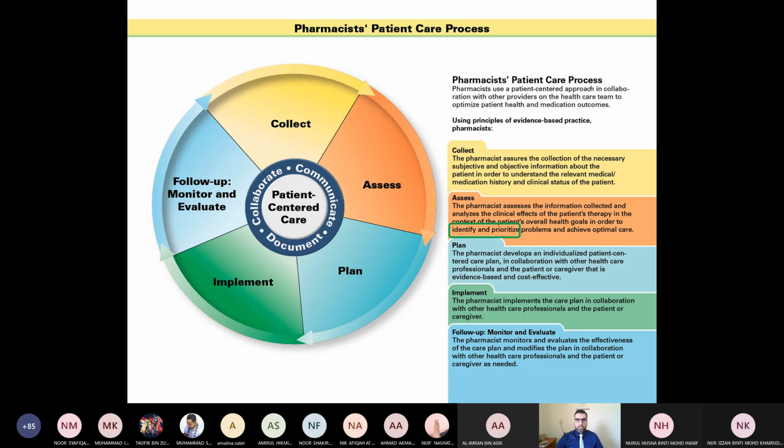Medication, past medications, if he experienced any side effect. So whatever information, the patient lifestyle also, the patient is smoker, non-smoker, alcoholic, etc.